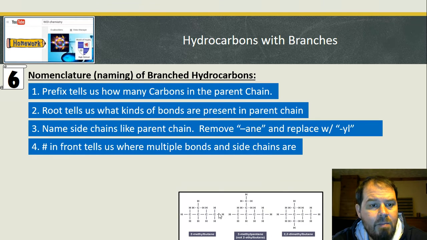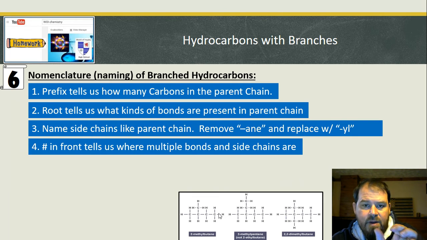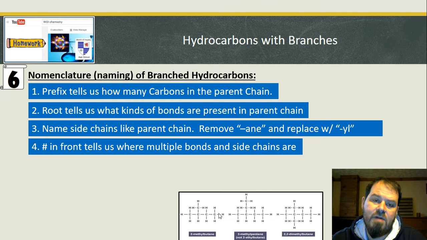And then again, the number tells us where either the multiple bond is in the main chain or where the side chain is. And we're going to do multiple examples so you can see that there's 2 numbers, 1 number in front of the side chain to tell me where the methyl is, and then another number directly in front of the parent chain to tell me where the double bond or the triple bond is.